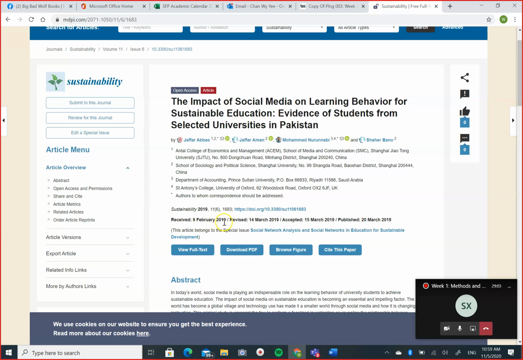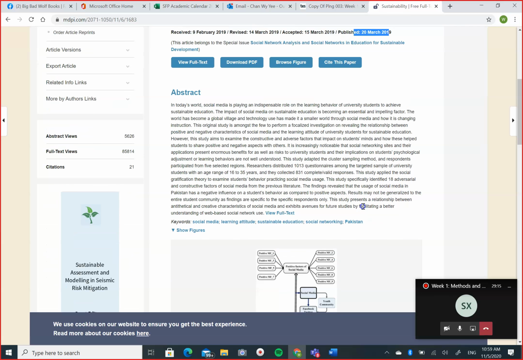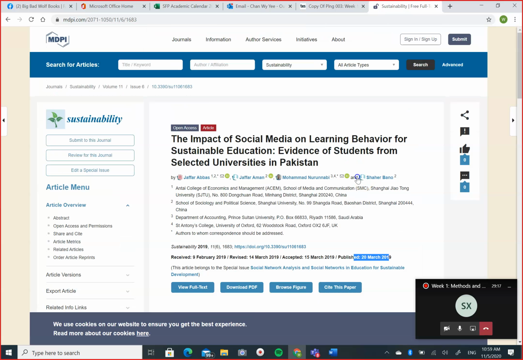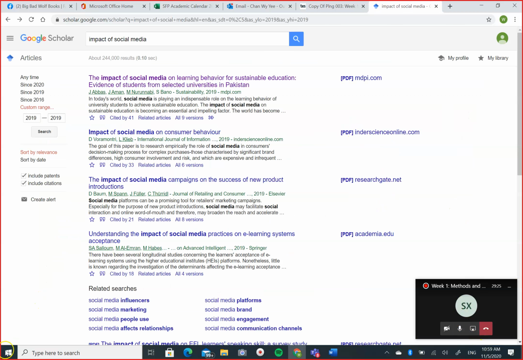Can you see? This is a credible paper. These authors sent it in on the 9th of February, it was revised on 14 March, and then it was accepted and published. So these are all journal articles. You need to come to Google Scholar in order to find journal articles. Are you clear? Can you understand?